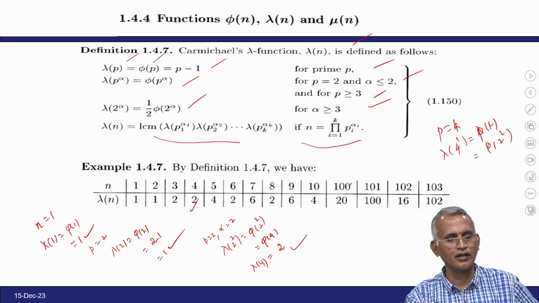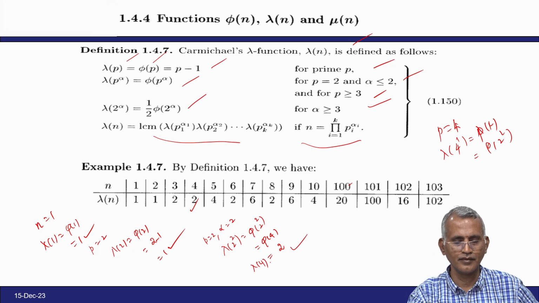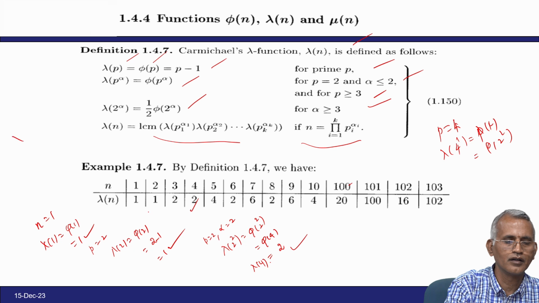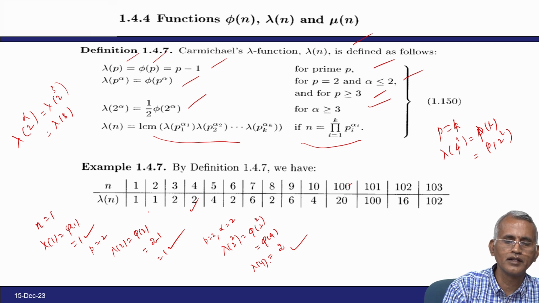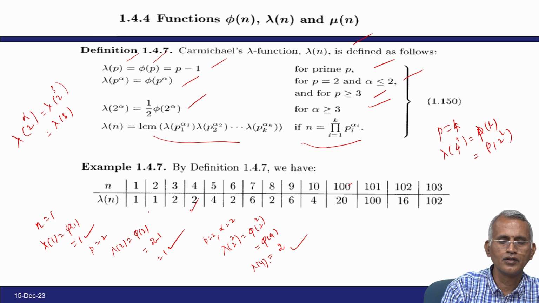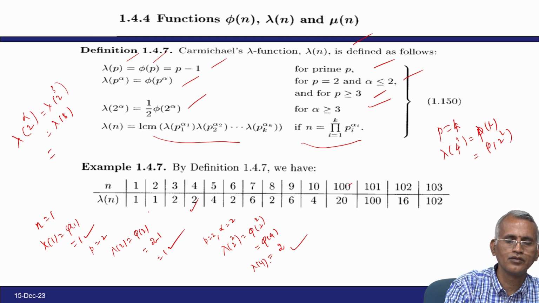If you have lambda of 2 power alpha, with alpha greater than or equal to 3, suppose you take alpha equal to 3, then lambda of 2 power 3 is lambda of 8.